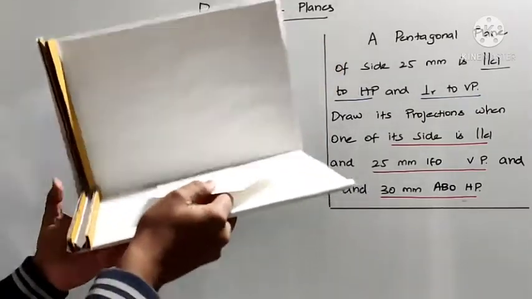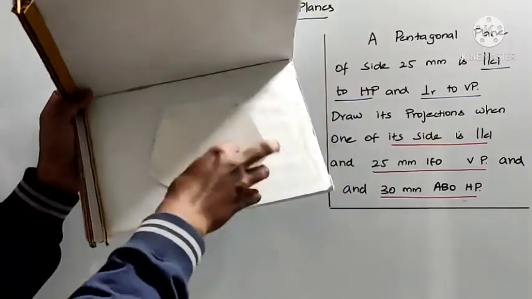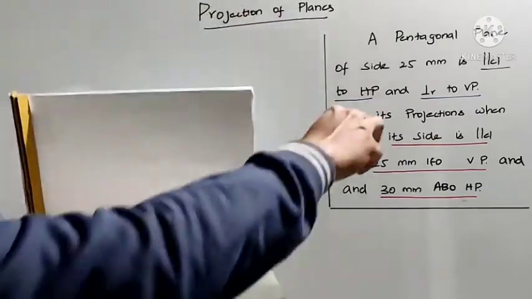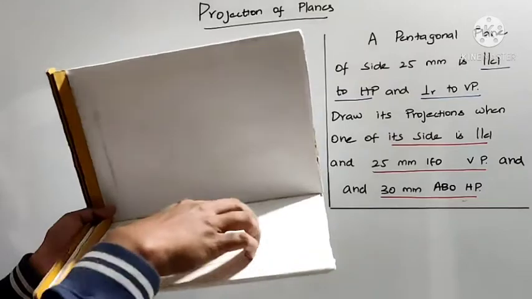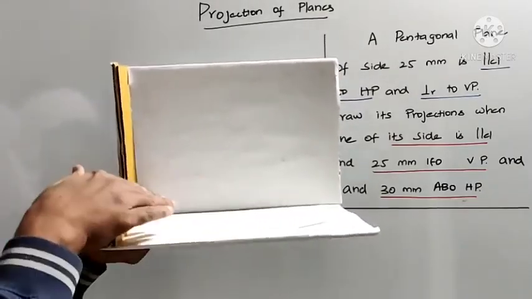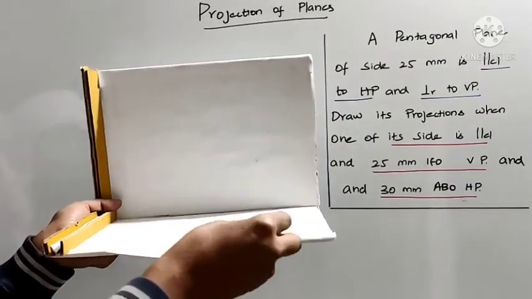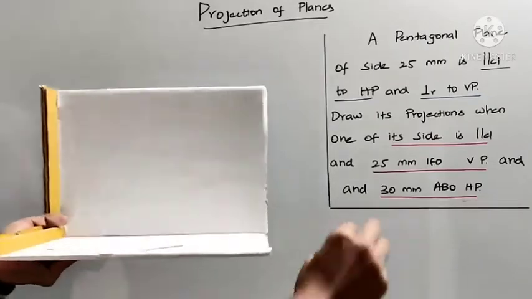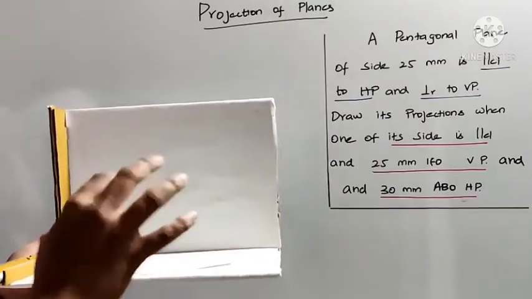This is my first quadrant, and the plane should be parallel, so it should be in an orientation something like this, and perpendicular to VP. If the plane is parallel to HP, automatically it will be perpendicular to VP, because if it is parallel, it should be perpendicular, no other option. So this is the first case, which talks about the orientation.